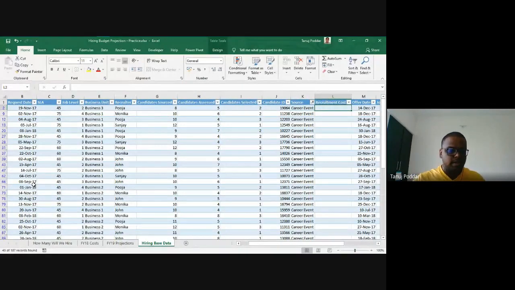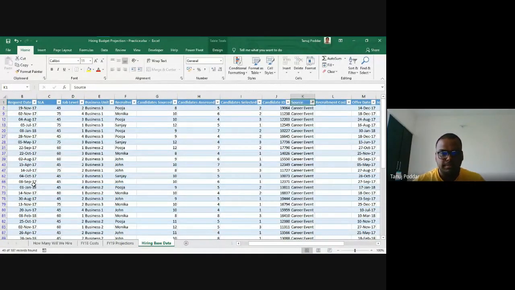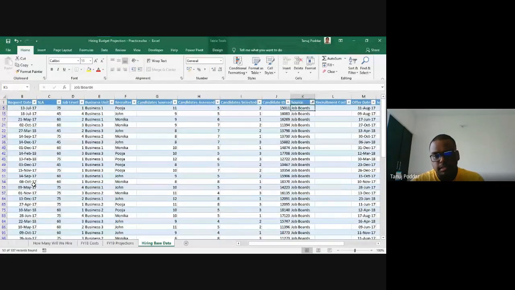But when we look at the FY18 cost, you'll see that the values are here for the career event as an option. The other thing I've also included here is job boards, like Naukri.com, Monster.com, LinkedIn, Indeed.com.